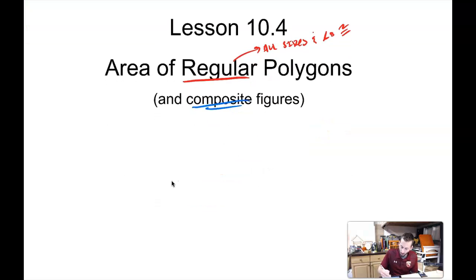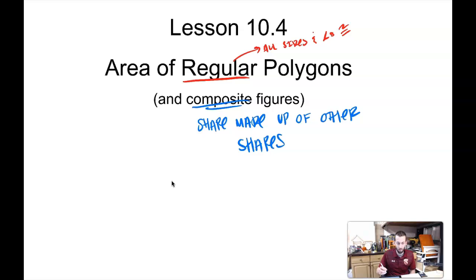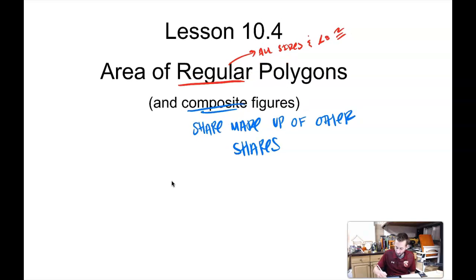So really quick, just a reminder, a composite figure is a shape or a figure made up of other shapes. All right, and so as we're looking at these shapes, you're thinking of something like, you could have something crazy like a little rocket ship, right?